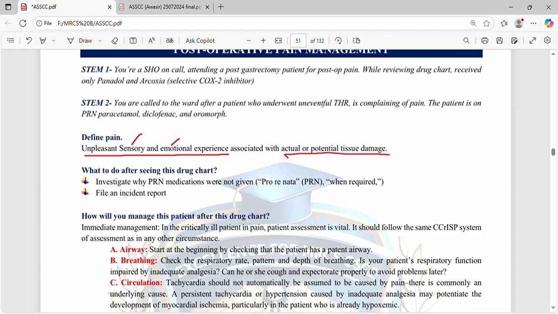Most painkillers we prescribe this way for mildly painful conditions, but here the patient underwent THR, and the chart shows that the PRN paracetamol, diclofenac, and oromorph were not given. So you have to file an incident report.